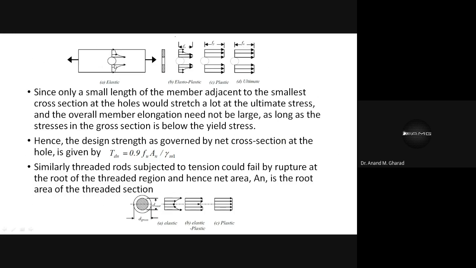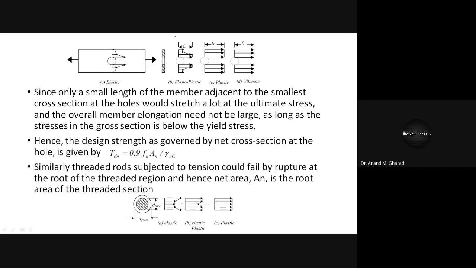Remember, joint or any hole or any portion which is a deduction portion, that portion first of all will experience the ultimate stress. Later on, the complete solid plate will yield.